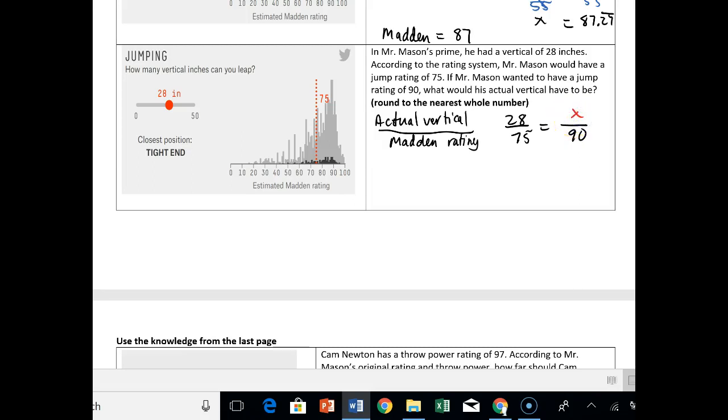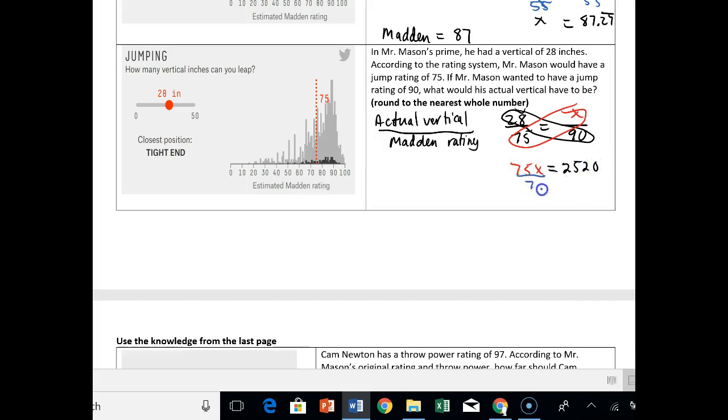X right there, right? So let's go ahead and cross multiply 28 times 90, 75 times x. So I get 75x equals 2,520. Doing the multiplication for you.